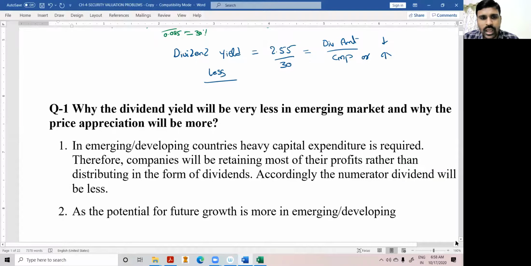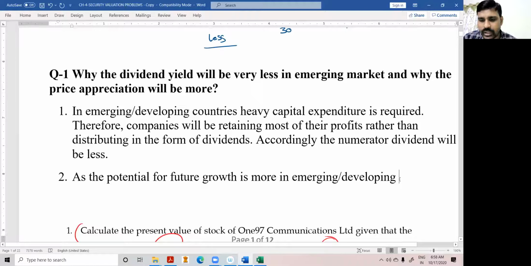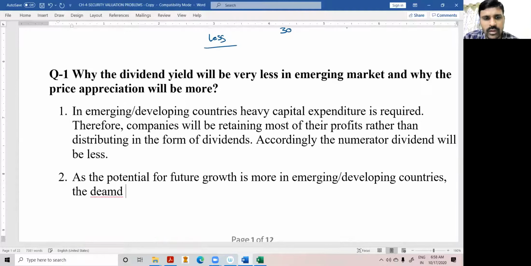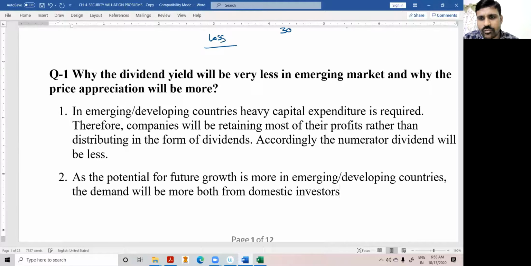As the potential for future growth is more, the demand for equity investment, the demand for shares, will be more, both from domestic investors and foreign investors, most especially foreign investors.